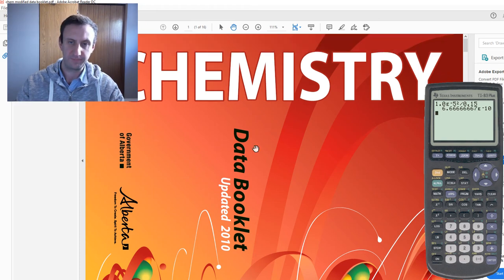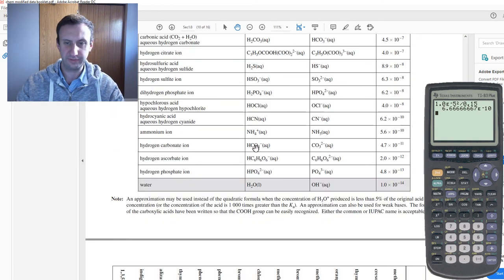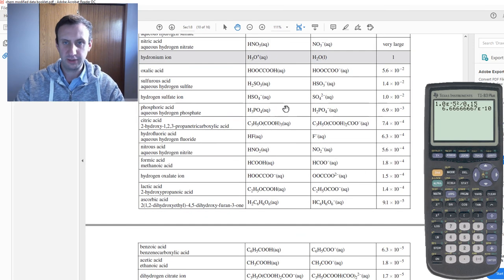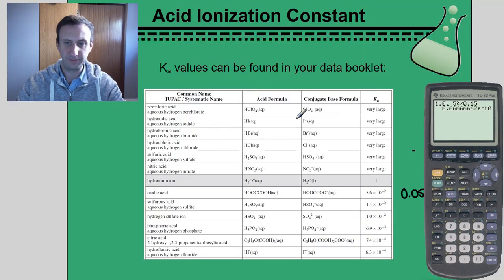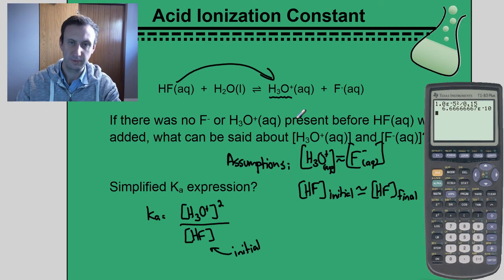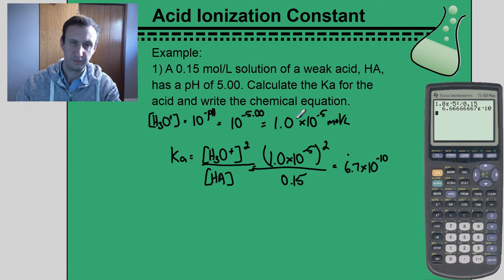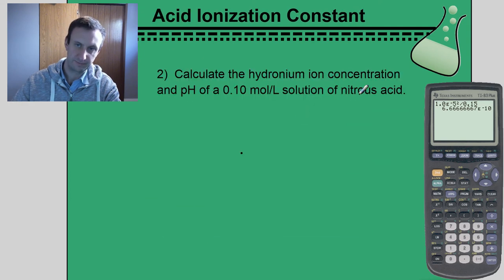Bring that page down until we get to nitrous, right, here we go, HNO2, and that's 5.6 times 10 to the negative 4 for a Ka value. So I've got that set up: 5.6 times 10 to the negative 4.